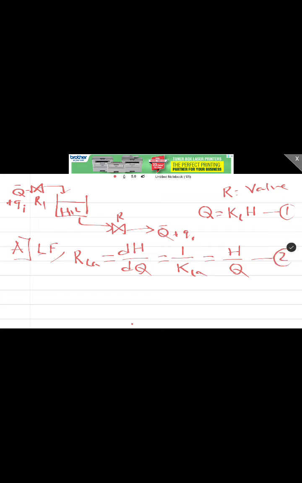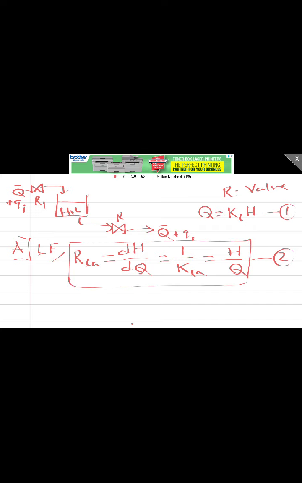In laminar flow, the resistance RLA is constant and may be considered analogous to electrical resistance. This equation is valid for laminar flow.